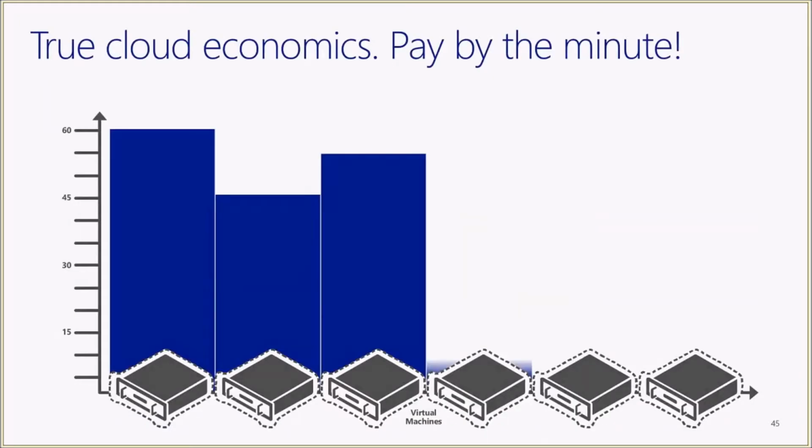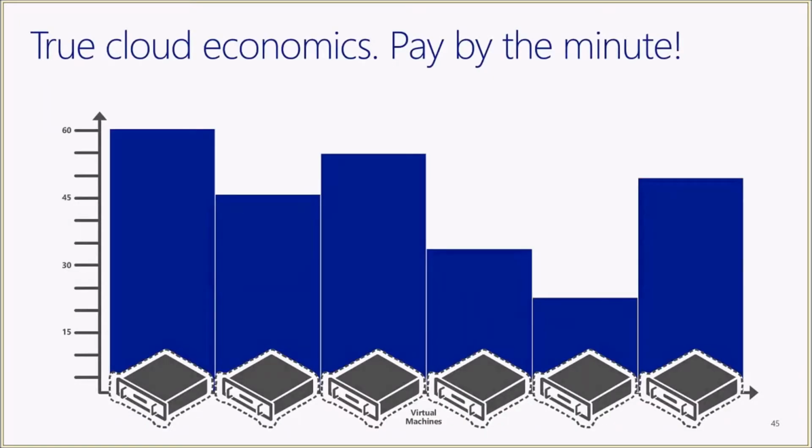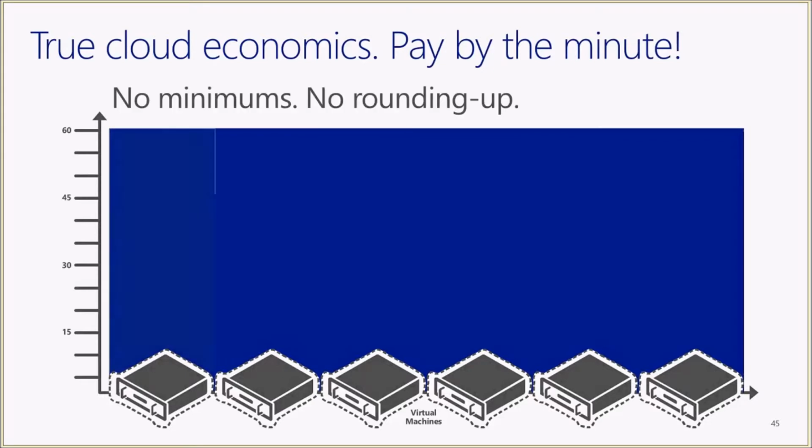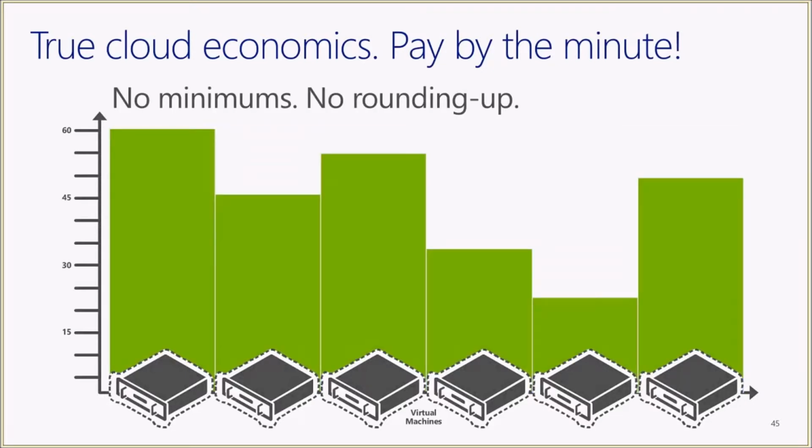It's also worth noting that Microsoft were the first cloud provider to do pay-by-the-minute. Before, if you only wanted to use the compute for 30 minutes, say, you were rounded up to the nearest hour. Whereas now, rather than rounding up as was traditionally done, we round down. So if you only use the compute for 45 minutes, you pay for 45 minutes.